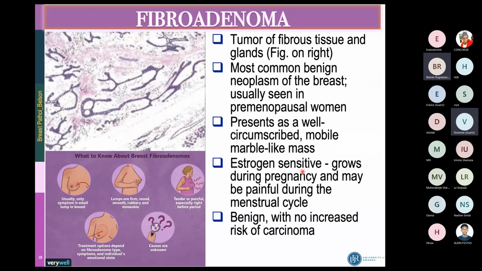You will find that the mass is mobile, well circumscribed with a smooth surface. This is because it has a capsule. And this is different from fibrocystic disease, which has an irregular surface without a capsule. It is benign, there is no increased risk of carcinoma in itself.